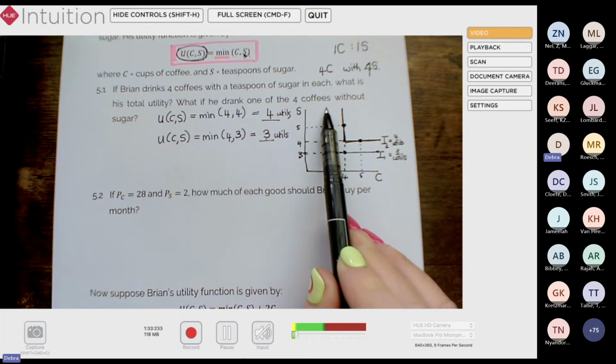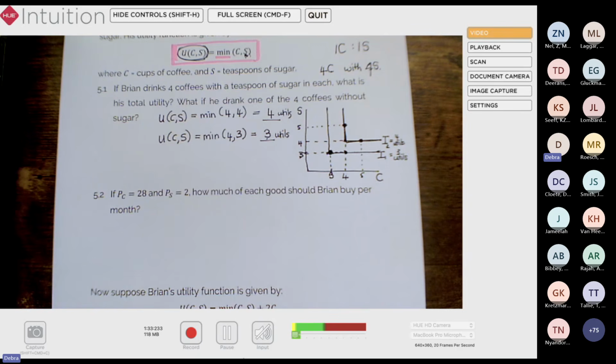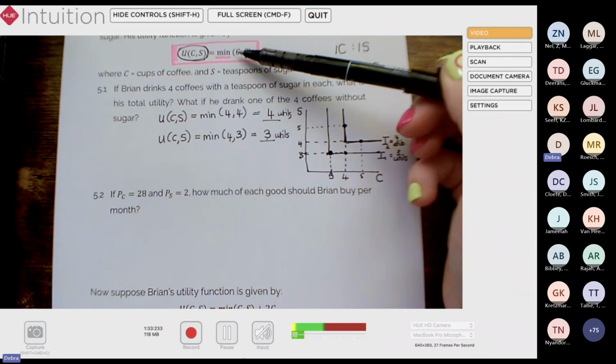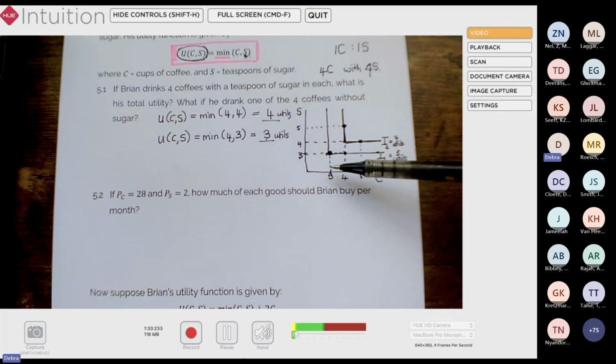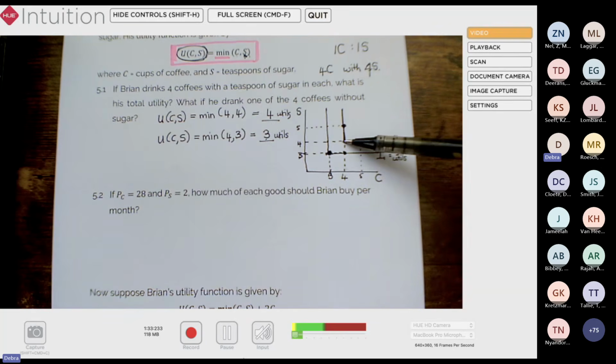How would this look if this was a max function? Let's reason through that. If it was max, then if it was 4 cups of coffee and 3 teaspoons of sugar, you would get 4. So 3 and 4 would be 4, 4 and 4 would be 4, 5 and 4 would be 5.